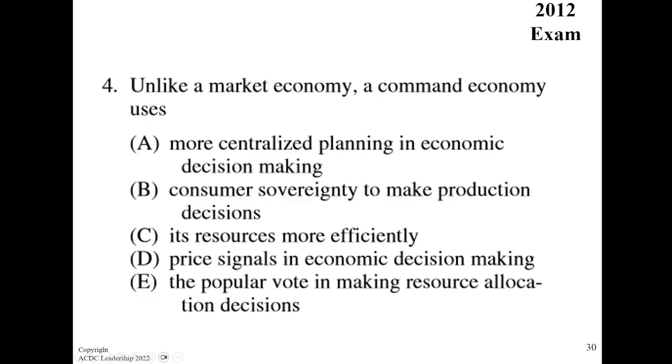Its resources are more efficiently used? We already saw that communism is inefficient. Price signals in economic decision making? The decisions are made by the government. And the popular vote in making resource allocation decisions? There's no popular vote, it's all the government. So the answer will be A, because it's all planned by the government.